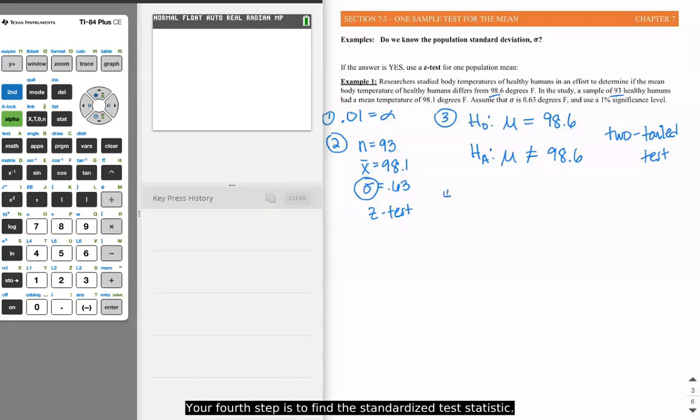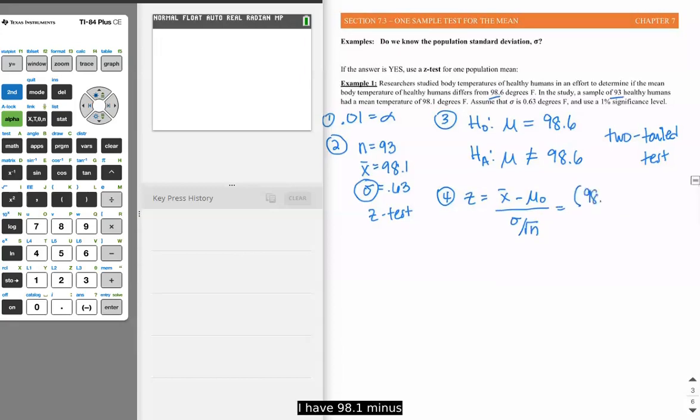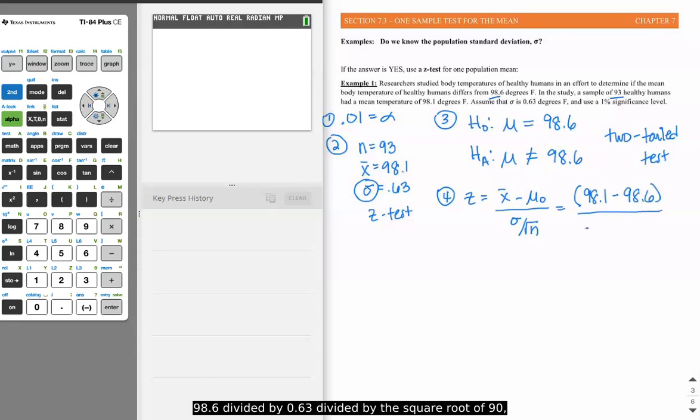So your fourth step is to find the standardized test statistic. So z equals x bar minus mu naught all over sigma divided by the square root of n. So I have 98.1 minus 98.6 divided by 0.63 divided by the square root of 93.